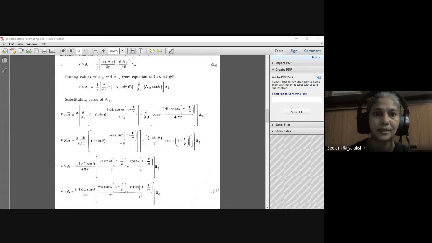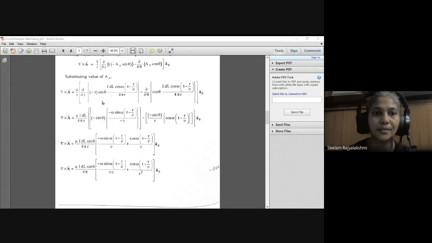So by replacing Az with this equation, we will obtain del cross A bar equals to mu by r [∂/∂r (minus r sin theta I dl cos(omega t minus r by v) by 4 pi r) minus ∂/∂theta (cos theta I dl cos(omega t minus r by v) by 4 pi r)] into a phi. By solving this, we will obtain this equation. So mu I dl by 4 pi r.